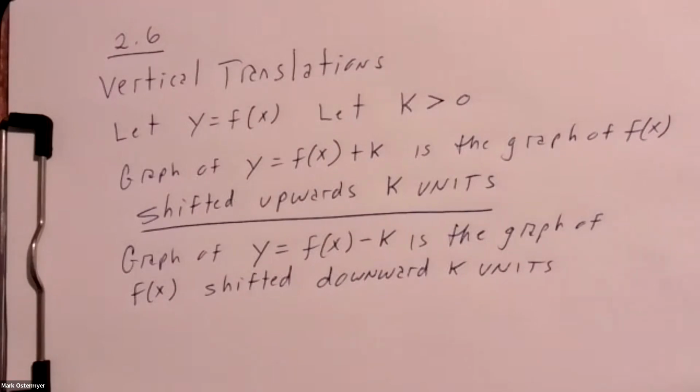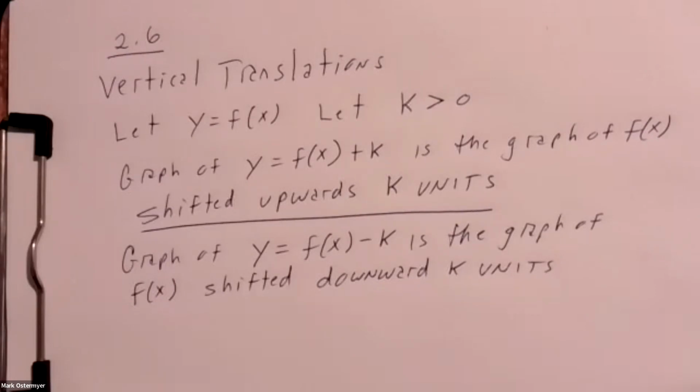All right, so that's how we can induce vertical translations for the graph of a basic function, is to form a new function by adding a positive real number to the function or subtracting a positive real number from the function. The net effect is that it causes the graph to be shifted upwards or downwards.